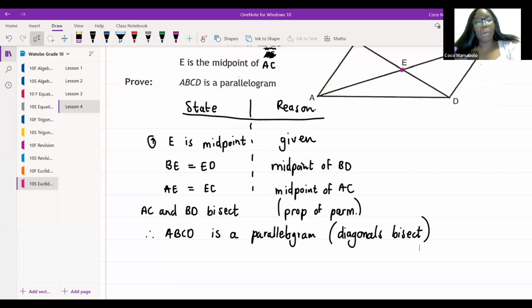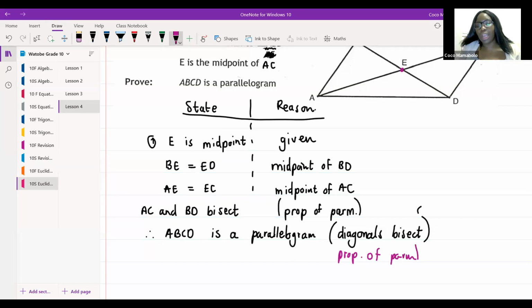When I almost wrote properties of a parallelogram as my reason as to why this is a parallelogram, we are not allowed to do that. I cannot write ABCD is a parallelogram, reason: properties of a parallelogram.